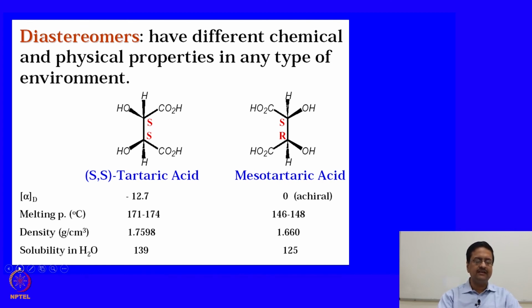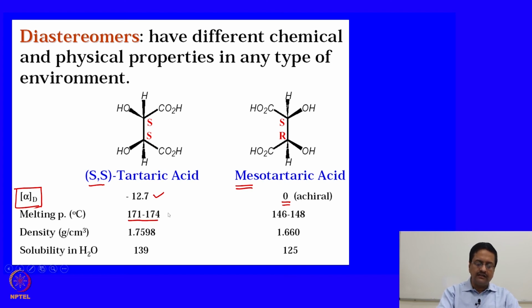Diastereomers have different chemical and physical properties in any type of environment. So when we talk about SS-tartaric acid and meso-tartaric acid, the optical rotation, about which we will discuss in the next lecture, the SS compound has a specific rotation, which means it is chiral, whereas meso-tartaric acid does not have any optical rotation or specific rotation, therefore it is achiral.